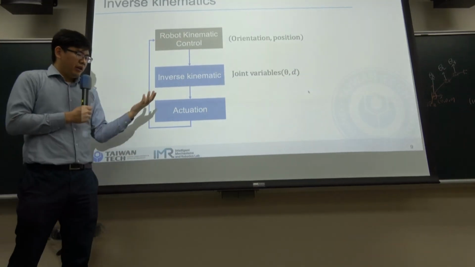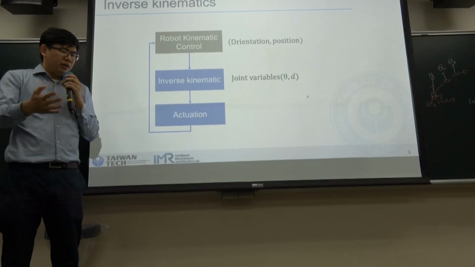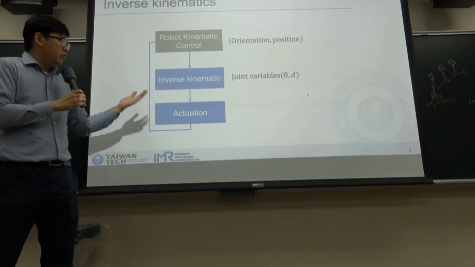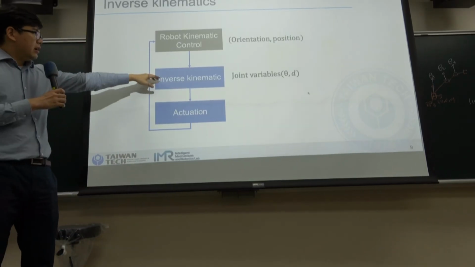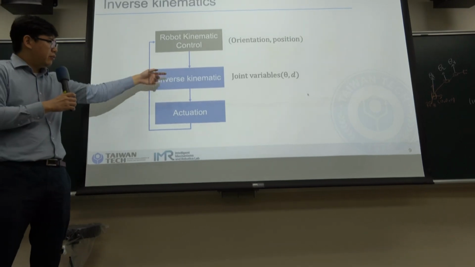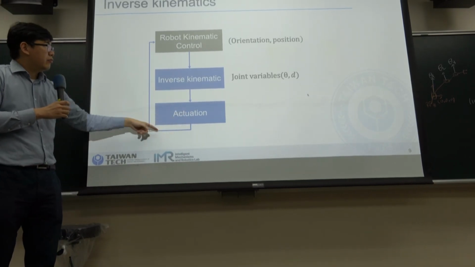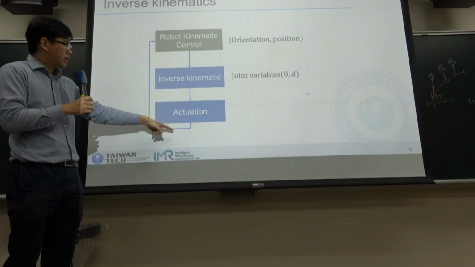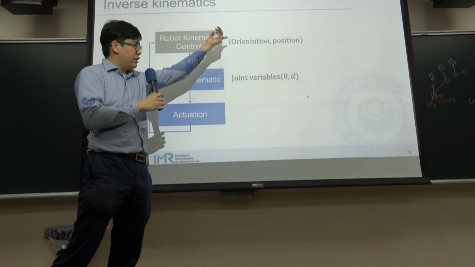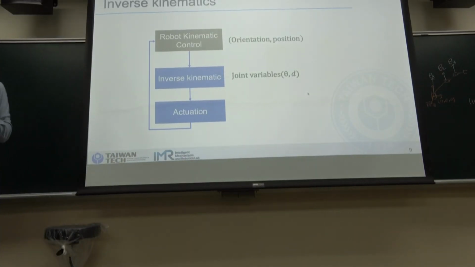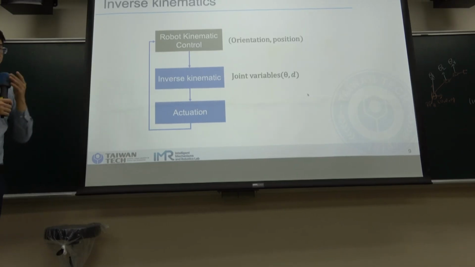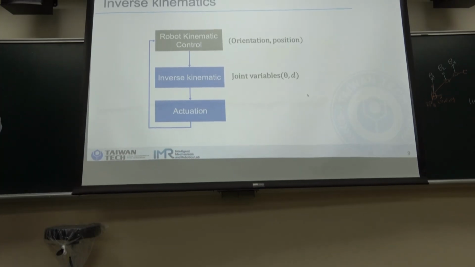After we know how many degrees or how many centimeters or millimeters each joint needs to move, then we can do the actuation. Then we check, this is a closed loop, whether the robot has reached the position. So this is how the inverse kinematics works in robot applications.